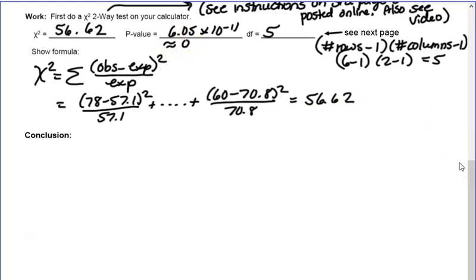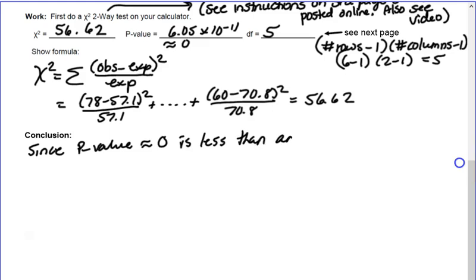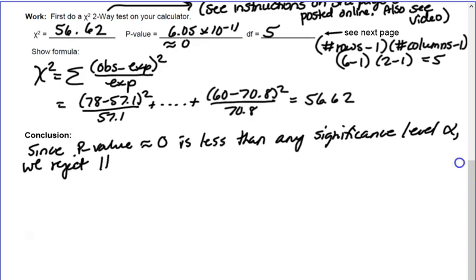So our conclusion is, since the p-value is approximately 0, is less than any significance level alpha, we reject the null hypothesis.